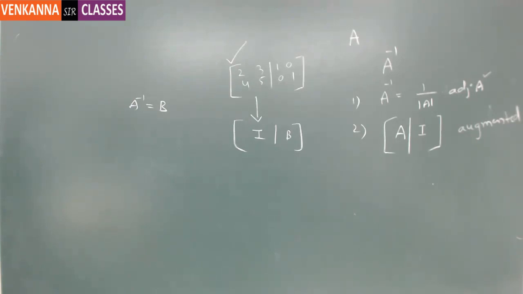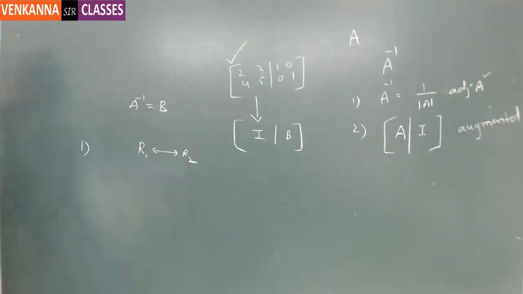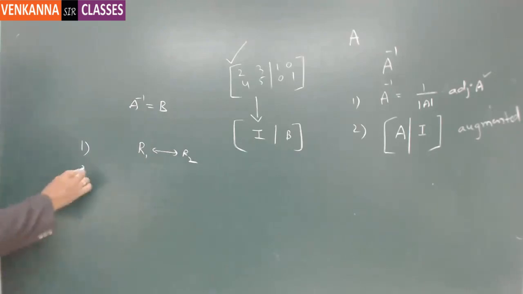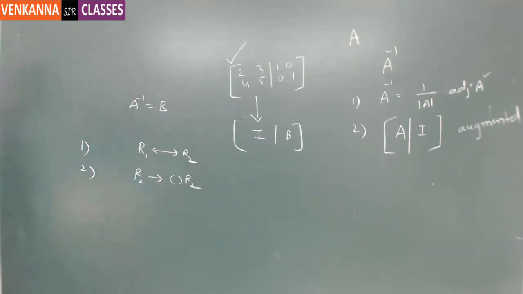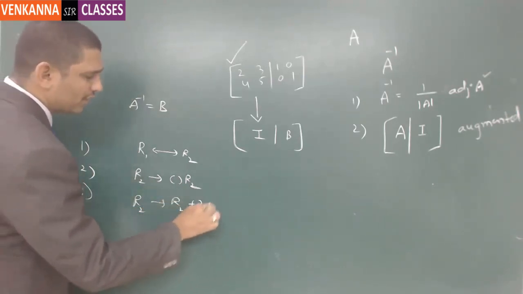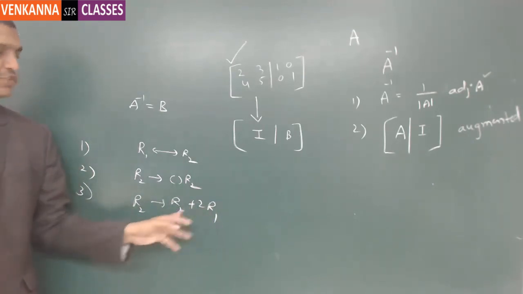There are mainly three types of row operations or column operations. The first is interchanging two rows: if I write R1 and R2 swapped, it means rows R1 and R2 are interchanged. Second, if I write R2 equal to some number times R2, I have multiplied the entire row by this number. Third, if I write R2 equal to R2 plus 2R1, I have multiplied R1 by the number 2 and added it to R2.